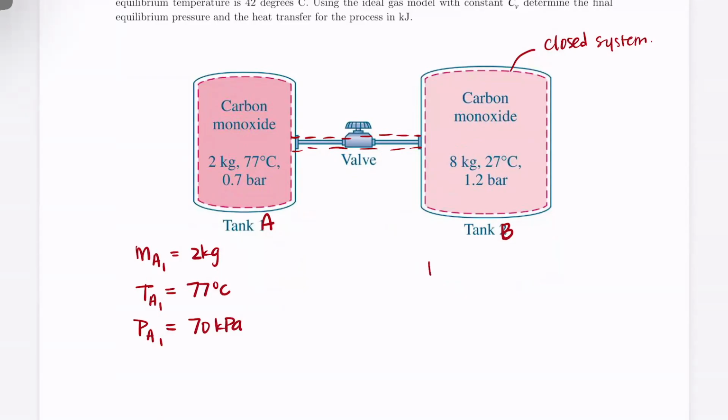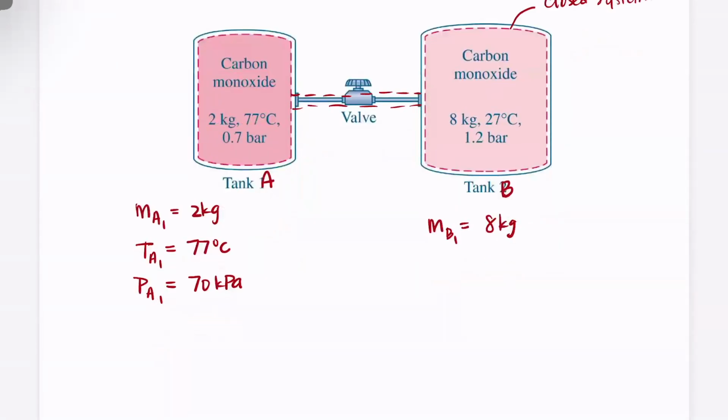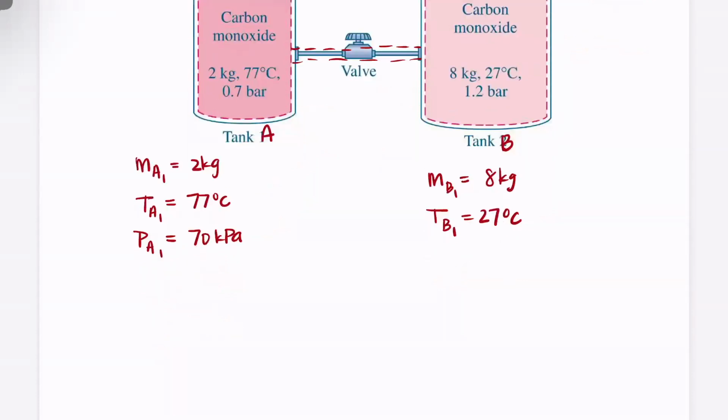And then for tank B, our mass at state 1 is 8 kilograms. The temperature of tank B at state 1 is 27 degrees C. And the pressure of tank B at state 1 is 120 kPa.